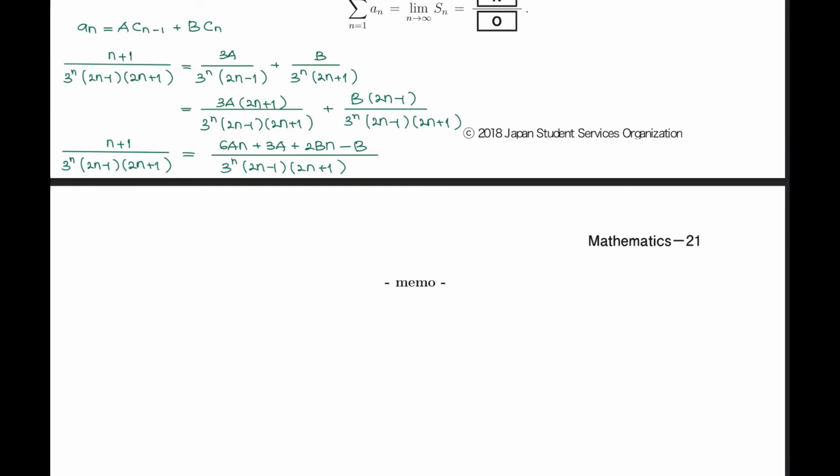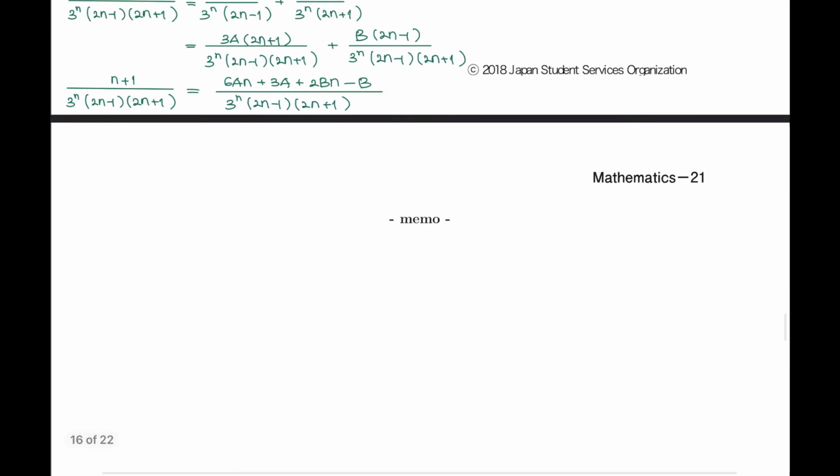As you can see, since the denominator is already the same, we can compare the numerator.